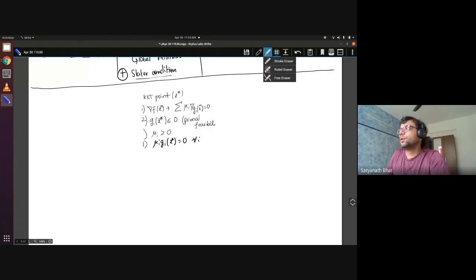And the objective problem that we were considering is minimize f of x subject to g_i of x less than or equal to 0, i equal to 1 to m, something like this, right?